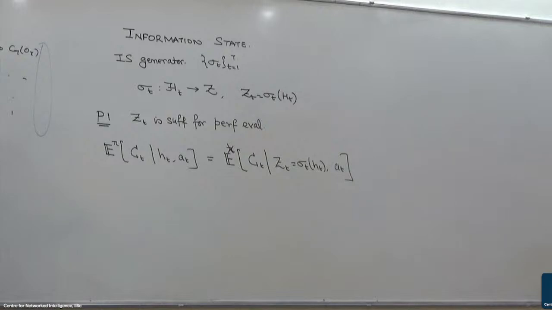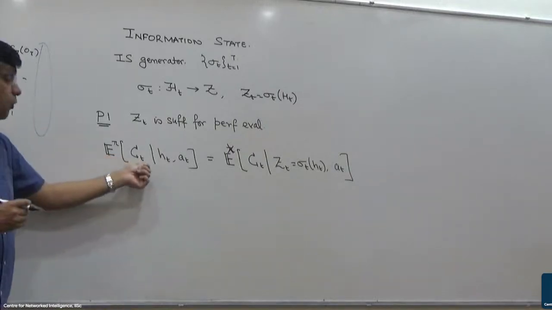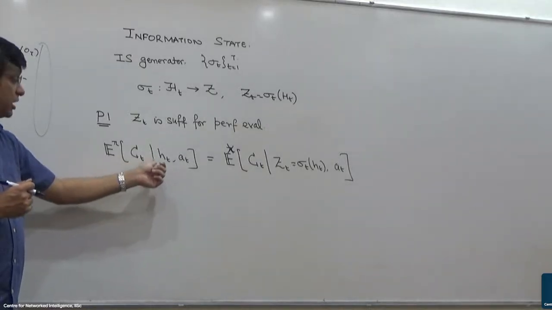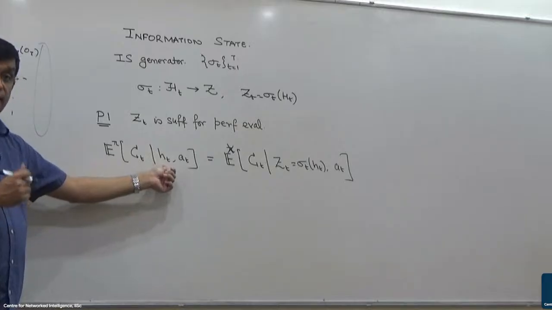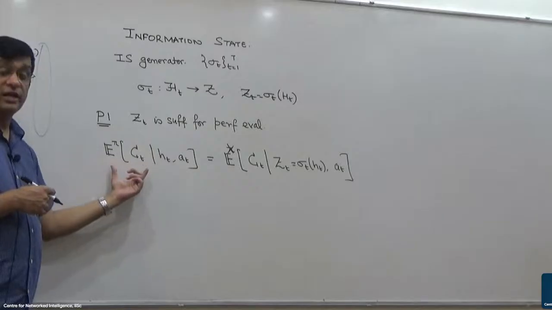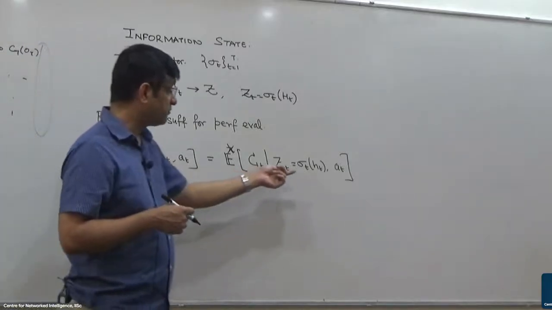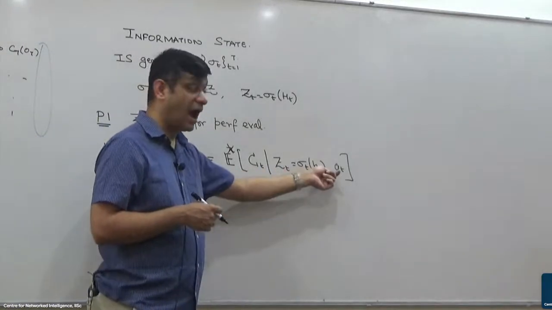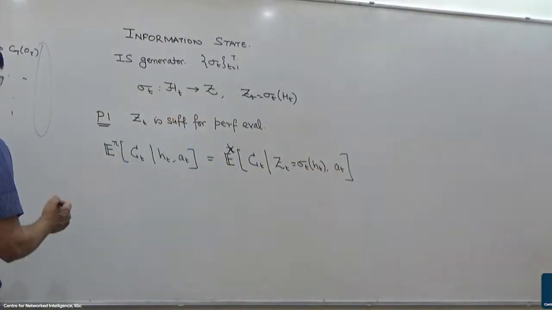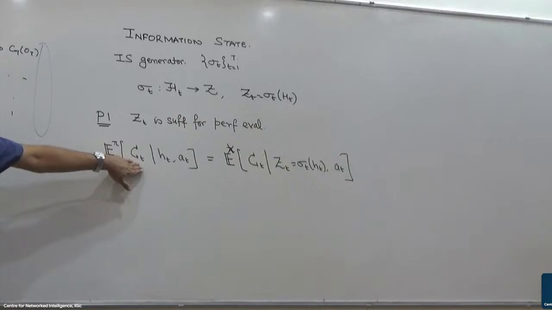So, the first property that this state should have is that when I look at the expected cost at time t conditioned on what I have observed until time t and what I do at time t, I can compute that expectation simply as a function of my compressed state and actions. Okay. In general, I have imposed no assumption on my cost.